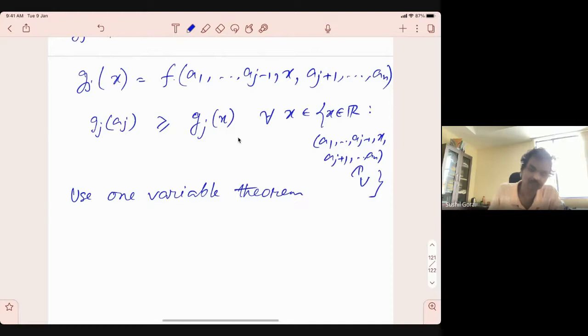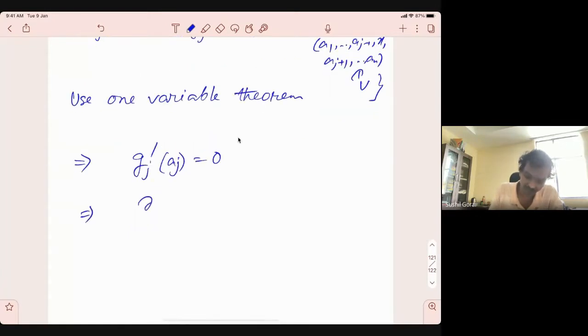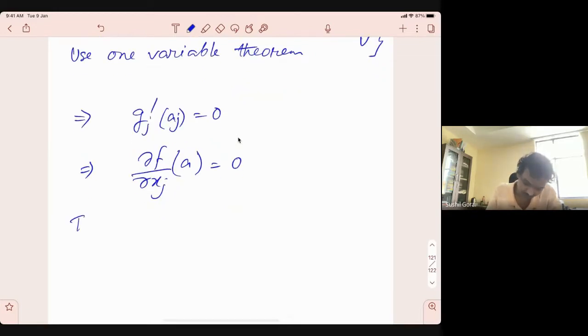So g_j has a maximum at a_j. That implies g_j prime at a_j is 0. That implies del f by del x_j at a is 0. And this happens for every j.